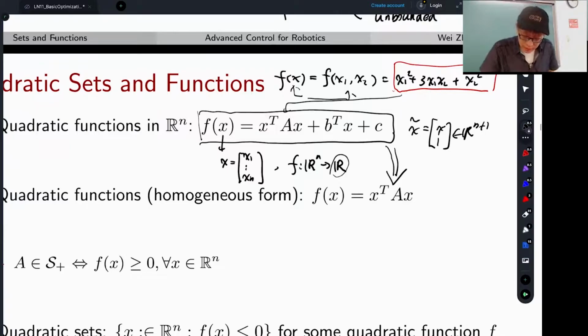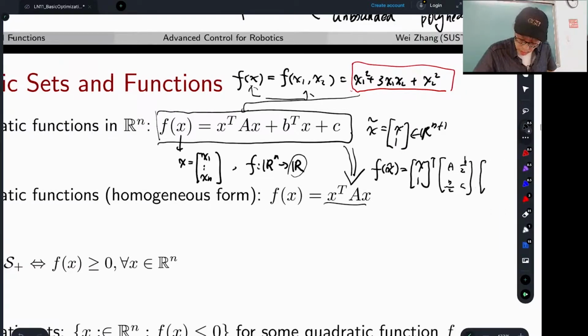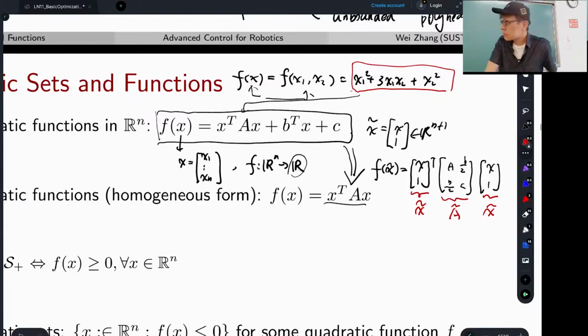Then you can write it like this. f of x tilde becomes x transpose times A, this is half b, c, times x, and this is my x tilde, this is my A tilde. Well, you can check this is fine.